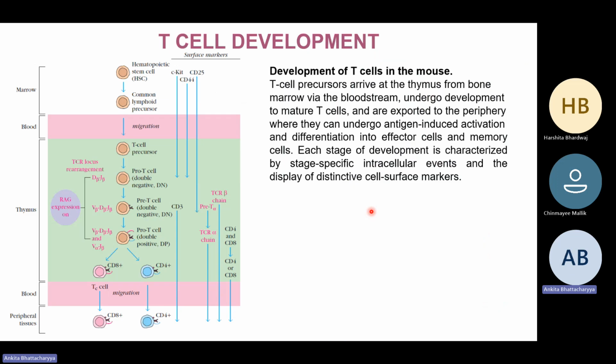So then we understood how T cells actually develop in mice. It starts off, of course, with the hematopoietic stem cell, and the associated surface markers are also very important. It undergoes migration, and extensive genetic rearrangement, which is very energy, when I say energy, I mean ATP or resource consuming within the cell.